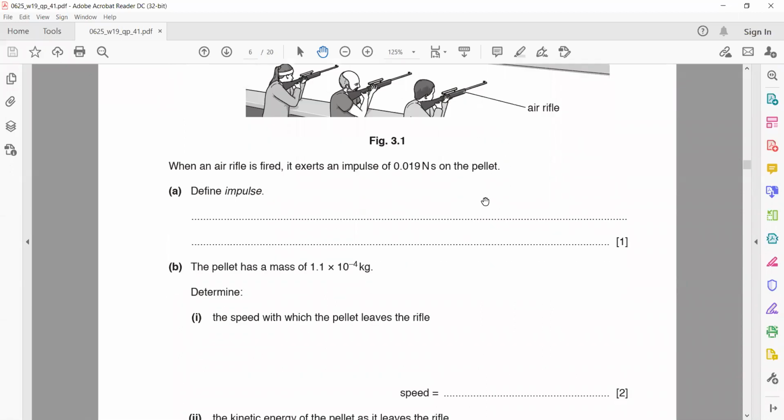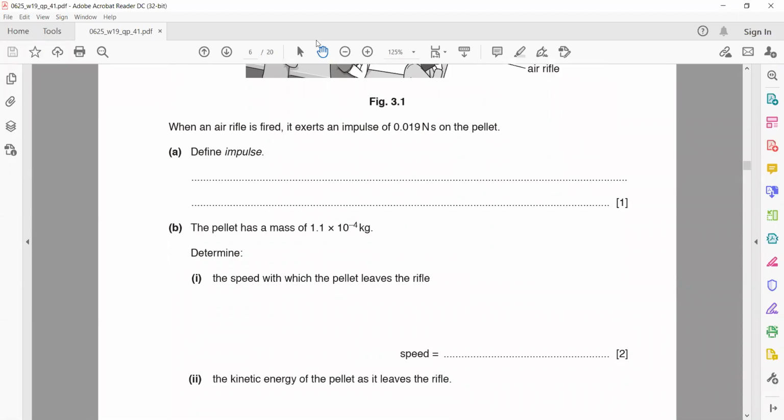So impulse is 0.019. The mass of the pellet is given. The initial velocity is 0, so this whole factor will be removed. So it will be m times v. And m is 1.1 times 10 to the power minus 4. So v will be equal to impulse divided by mass.